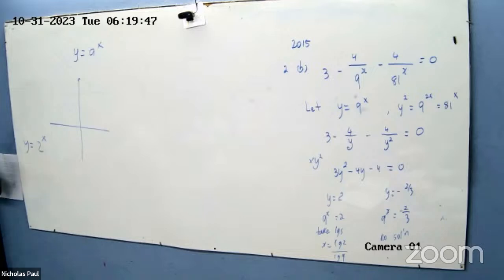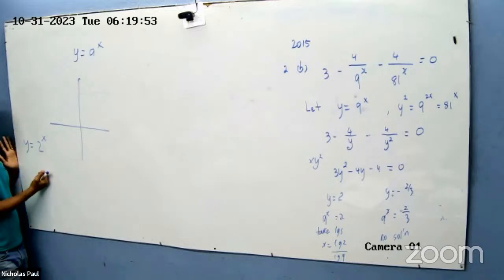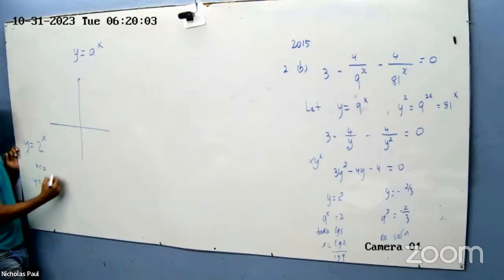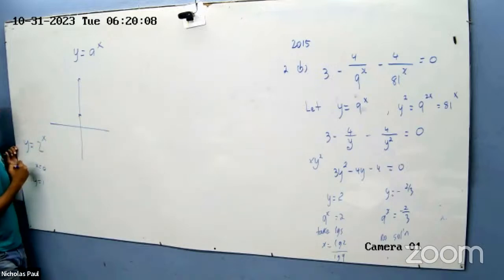First things first, if we had to sketch something like this, what's the first point we could use? x is 0. When x is 0, 2 to the 0 is 1, so when x is 0, y is 1. So it's passing through there.